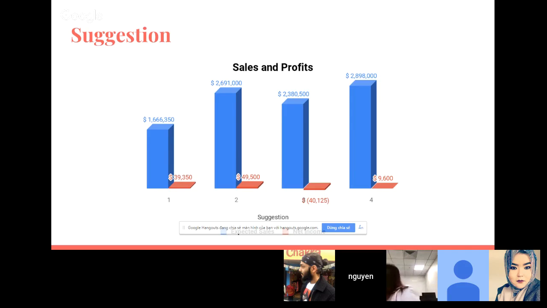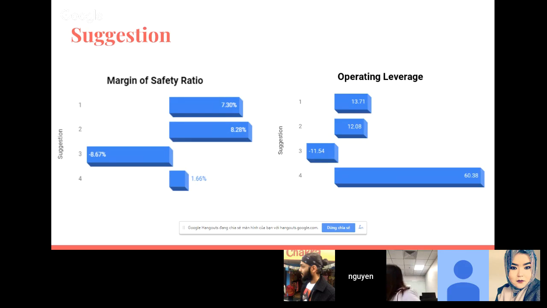So the margin of safety ratio for option 2, 8.28, is better than the others, and makes option 2 better. And the operating leverage, 12.08, makes it better for option 2 because the higher it is, the more sales we're making with a higher margin.